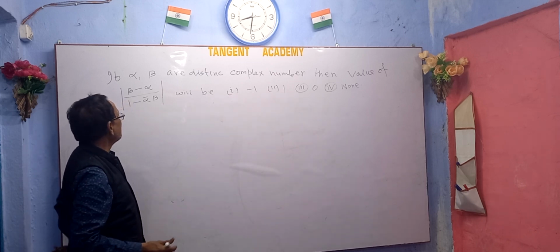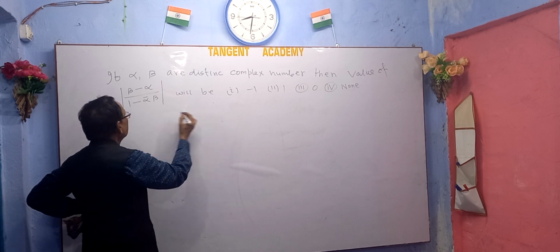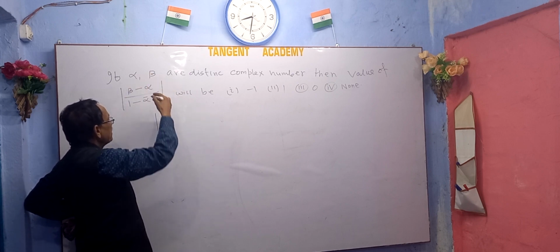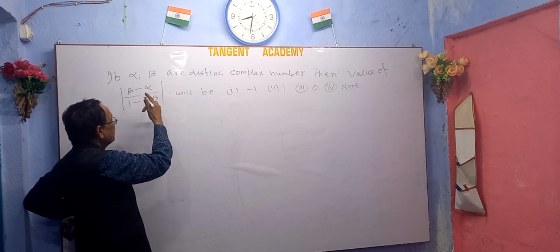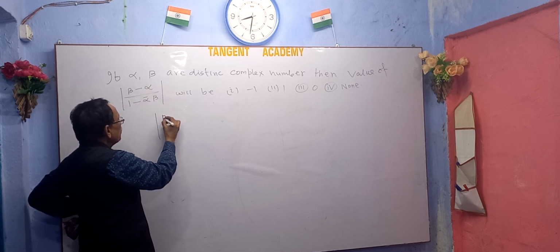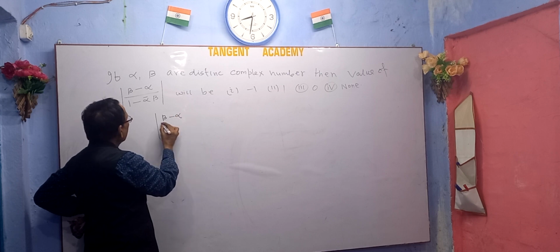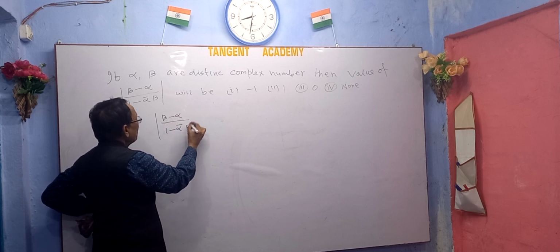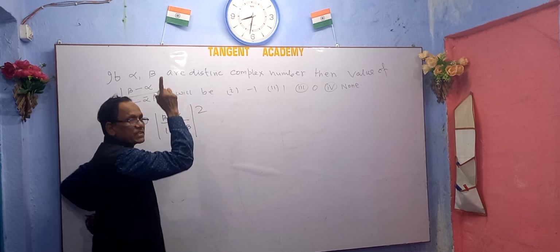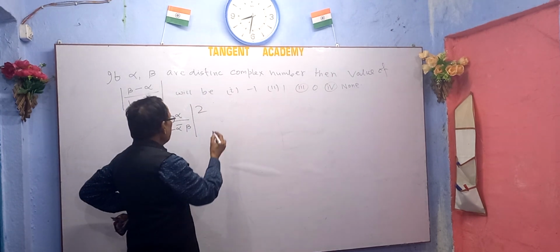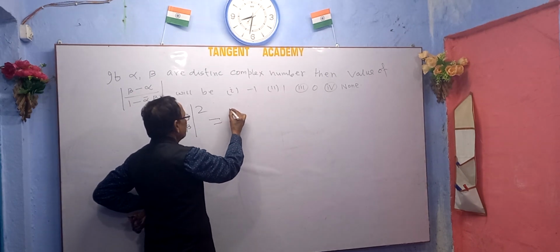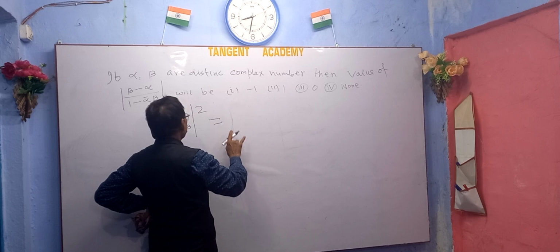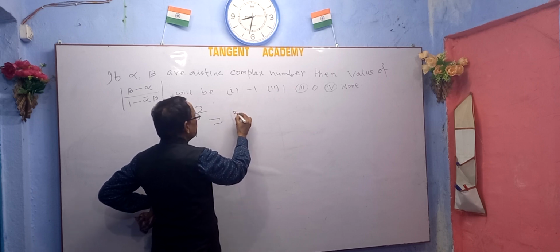So we will use the first property. We can take this whole expression as a complex number z. So (beta minus alpha) divided by (1 minus alpha bar beta), whole squared in modulus, that is modulus of z squared, may be written as z into z bar.